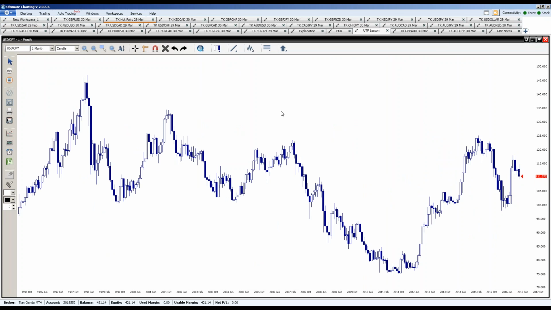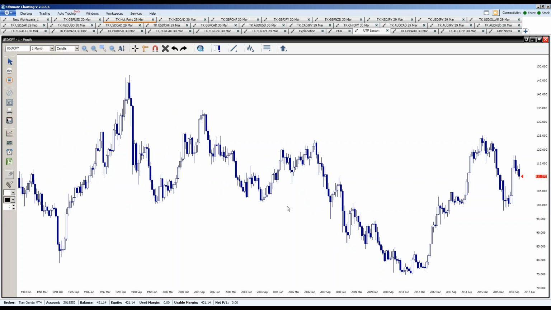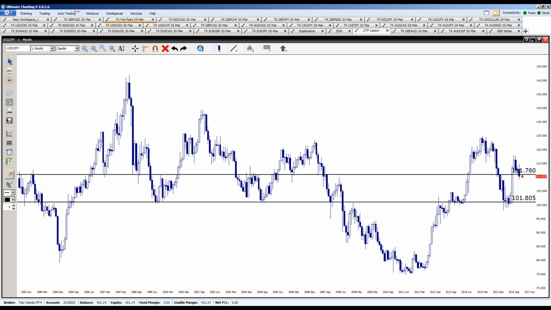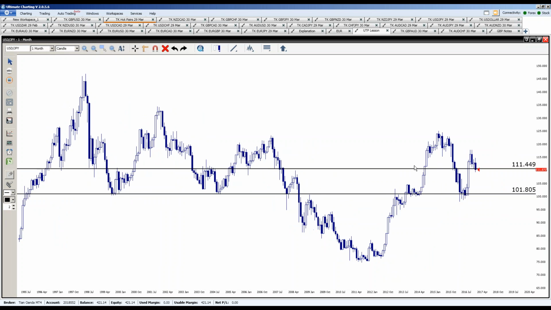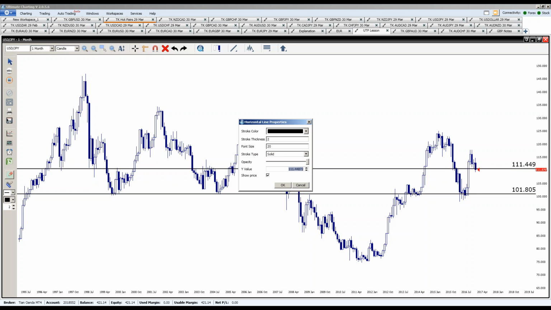Right, let's have a look at the monthly. There's a pivot. Let's see where's another pivot. Looks like there's a pivot as well. 11176. Type of wire, yes. If you can clearly see that that's a pivot as well. 111, call it 11150.